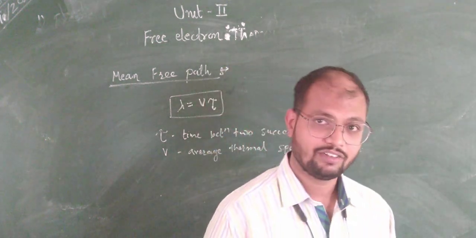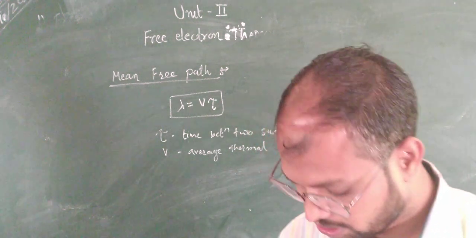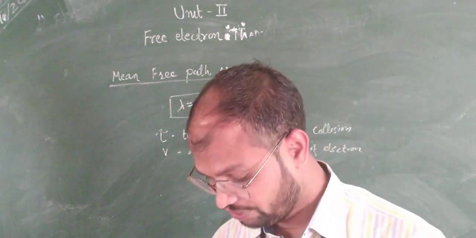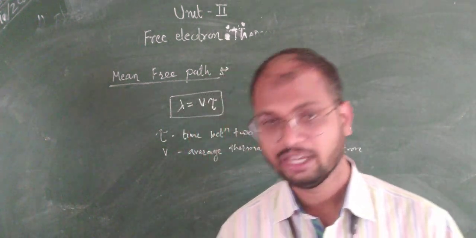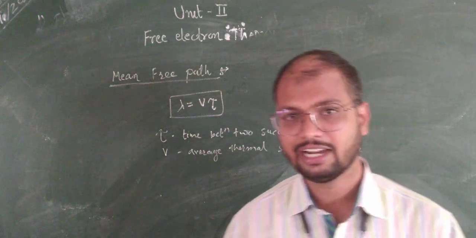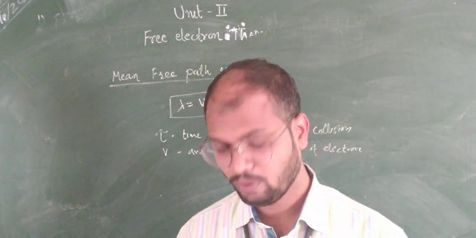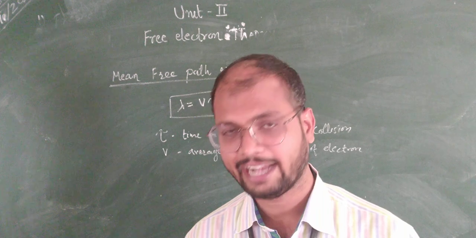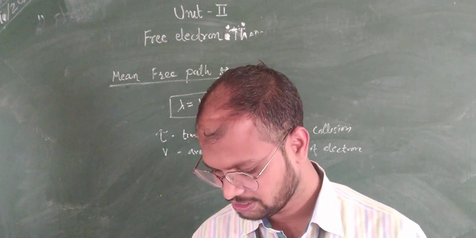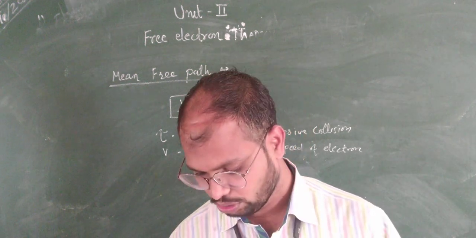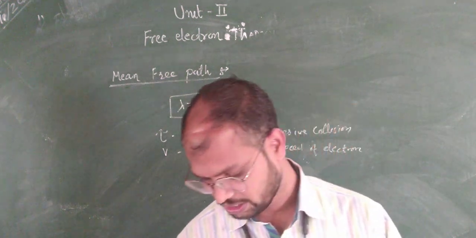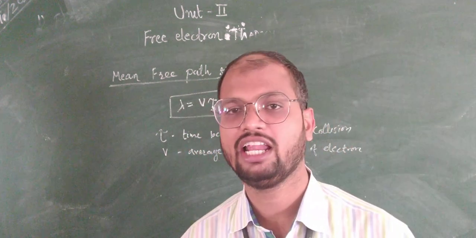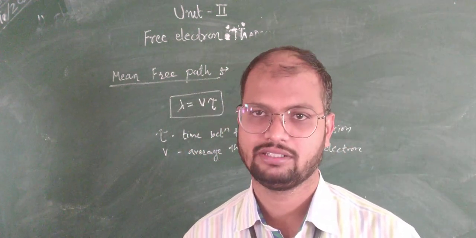Now, after that, we have studied the Drude-Lorentz free electron theory of metals. In order to explain and observe the conductivities of metals, Drude and Lorentz proposed a classical free electron theory of metals.